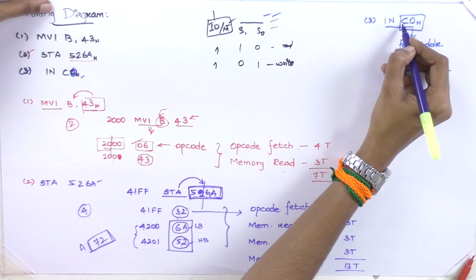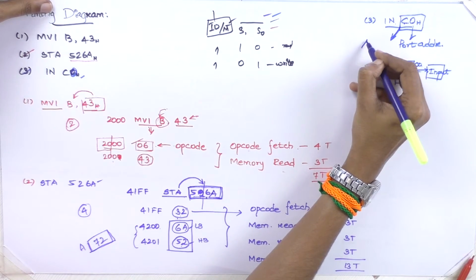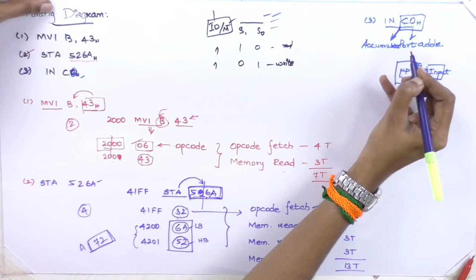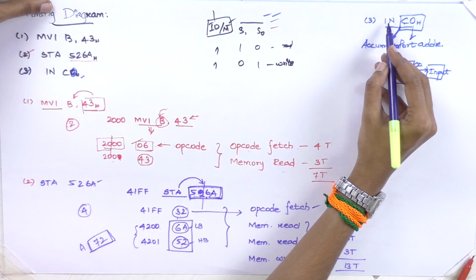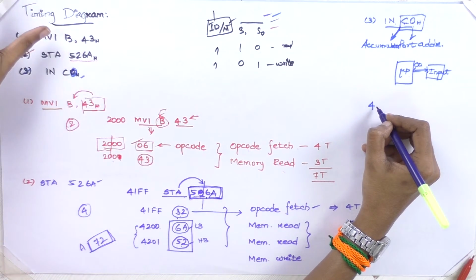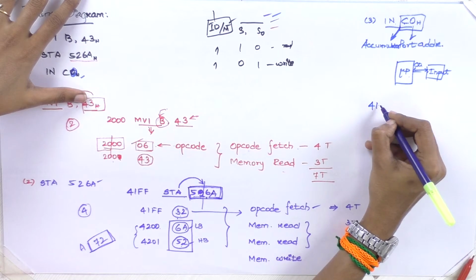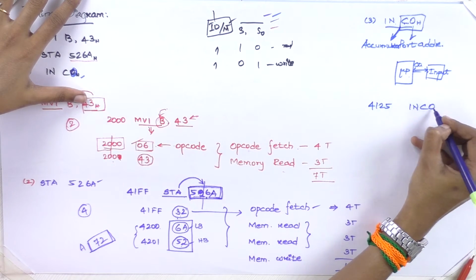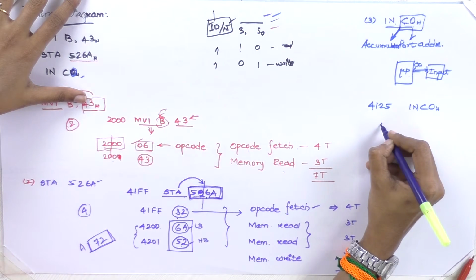It receives the value from C0 and stores it in the accumulator. If the address of this instruction is, for example, 4125, how will it be stored?